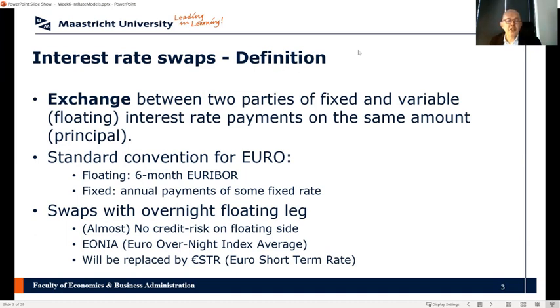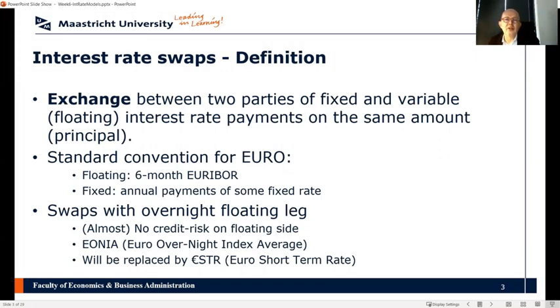So what is an interest rate swap? An interest rate swap is a contract where we exchange between two parties fixed payments and variable interest rate payments on the same underlying amount. The standard convention for euro is that the floating payments are semi-annual payments.